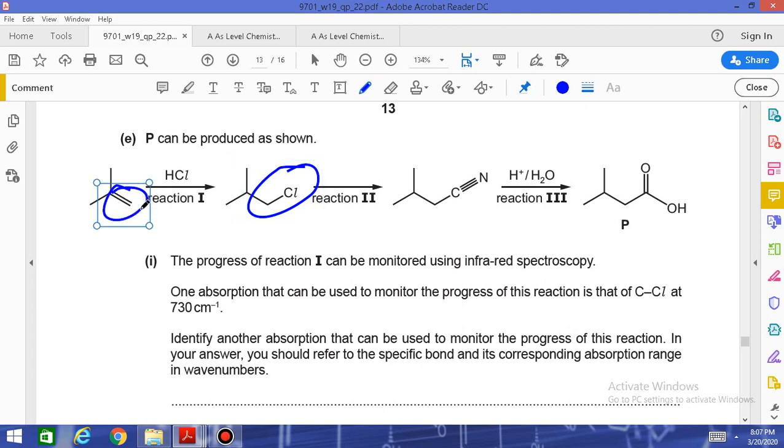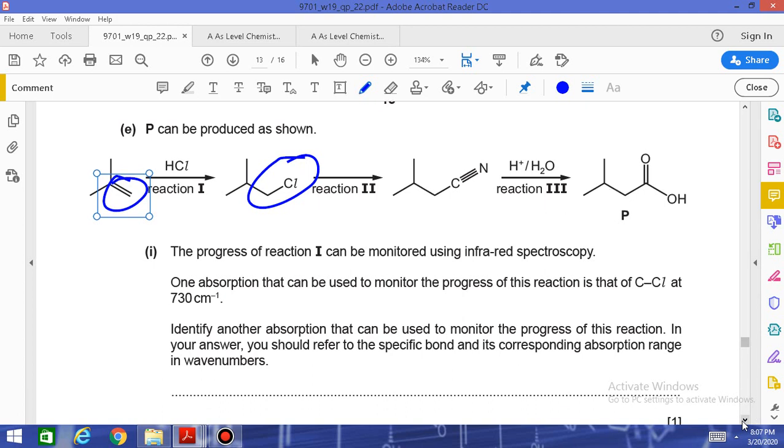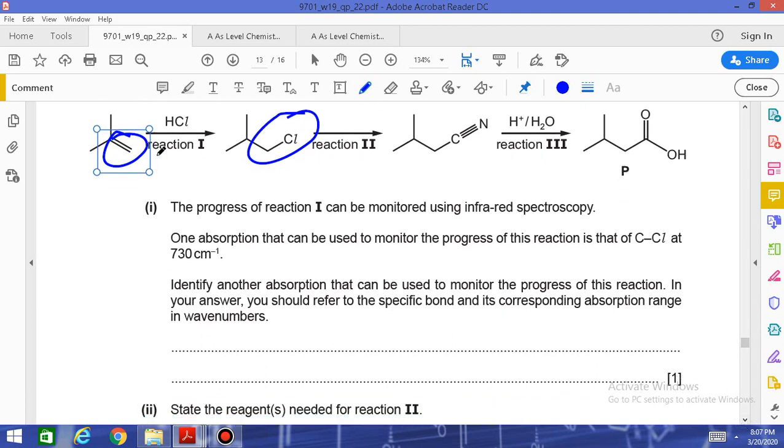Actually, there is a C double bond C, so we can identify this functional group or this bond in infrared spectroscopy.